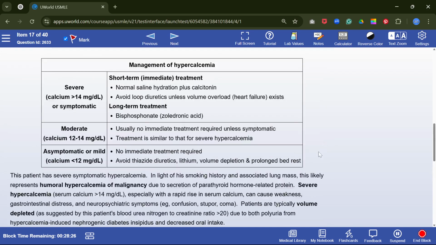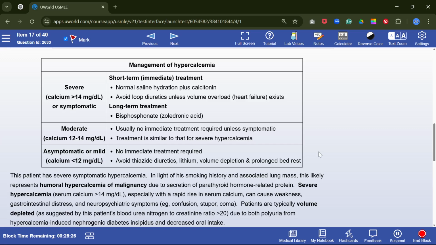Now the box. Management of hypercalcemia, short-term: if it is severe, calcium more than 14 milligram per deciliter, or symptomatic, normal saline hydration plus calcitonin. Avoid loop diuretics unless a volume overload or heart failure exists.